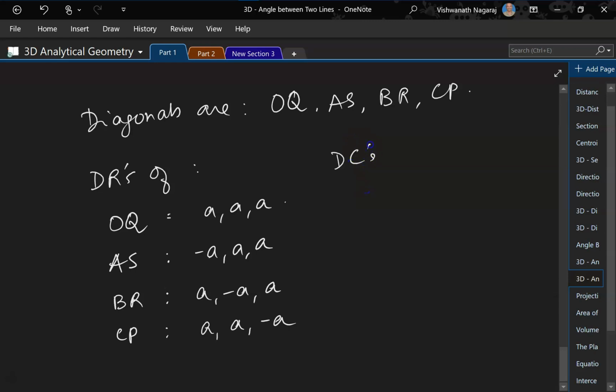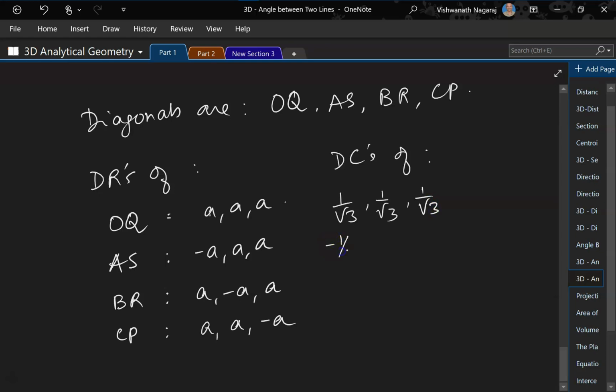Direction cosines of OQ. This would be A by square root of 3A square. Now from where did this 3A square come? A divided by square root of A square plus A square plus A square. Actually what will happen is this A square will come out, A will get cancelled out. So which means we will end up with 1 by root 3, 1 by root 3 and 1 by root 3.